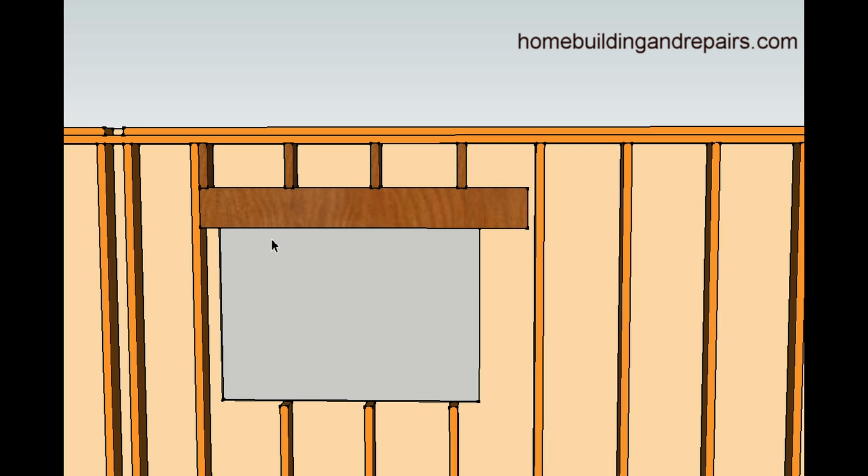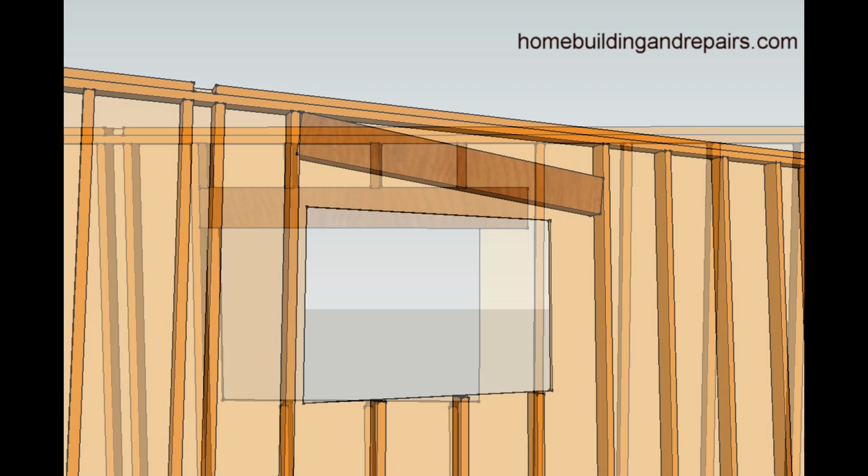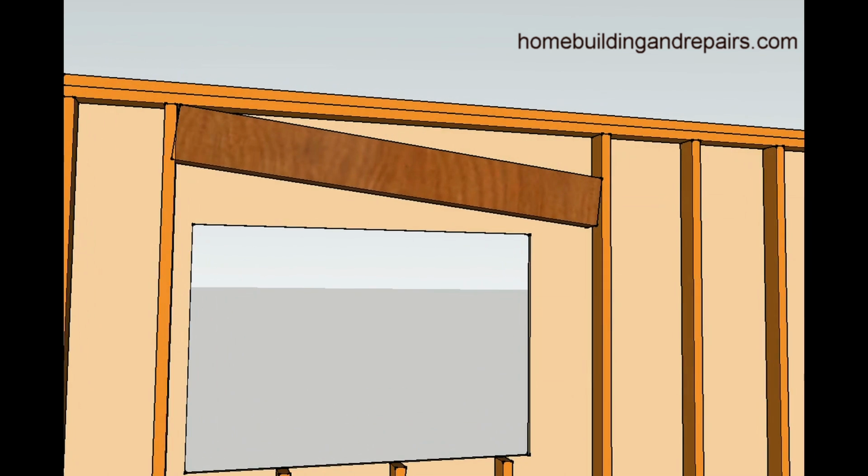is to make sure that the window header is actually something that will fit in through the opening, and sometimes it's going to need to be a little bit shorter. And here's the reason why. As you can see, we're tied up against this stud here.